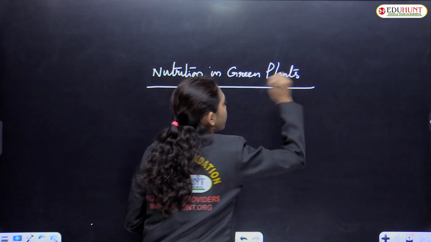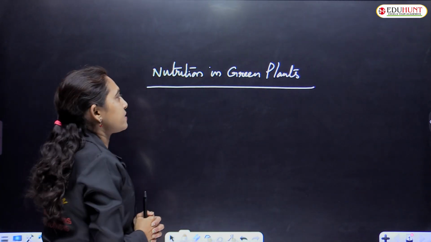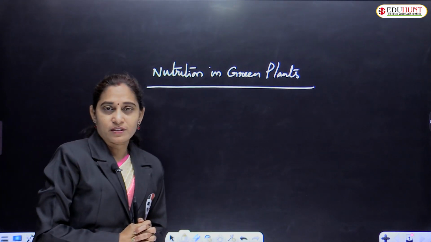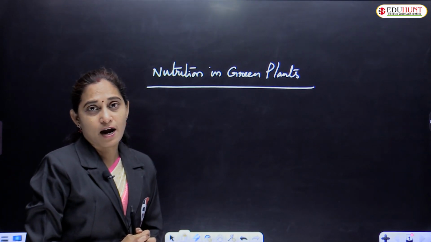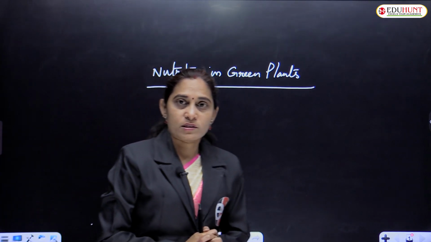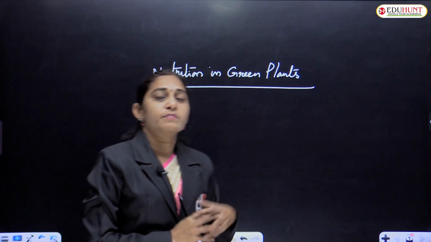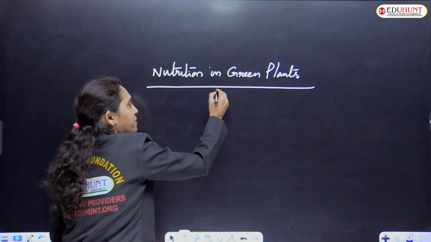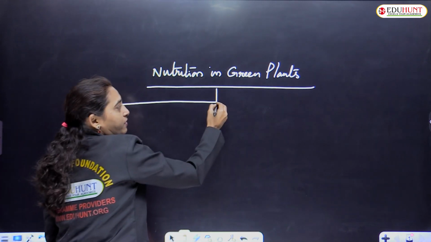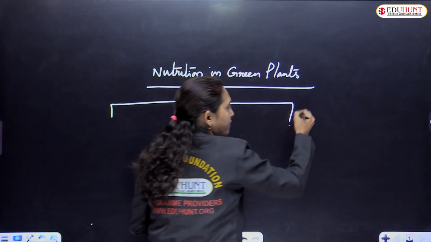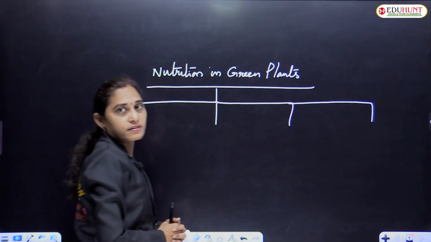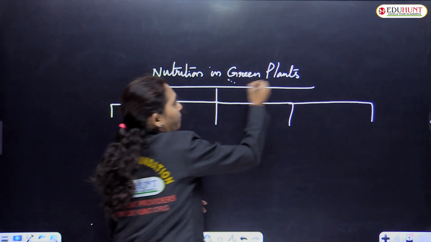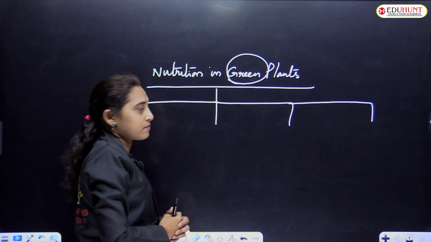Nutrition in plants. In green plants, photosynthesis is the only process described in your lower sections. But there are various types of nutrition methods seen in plants, not only in green plants, in general plants.